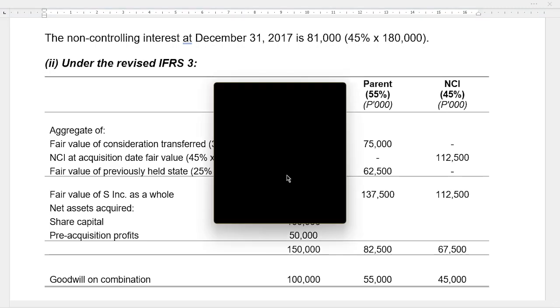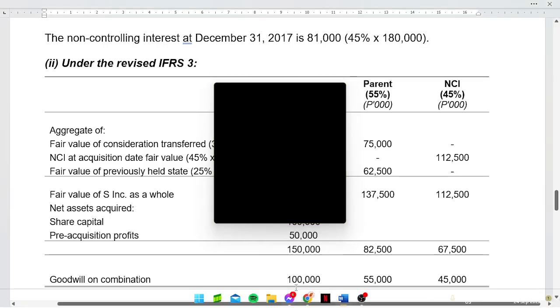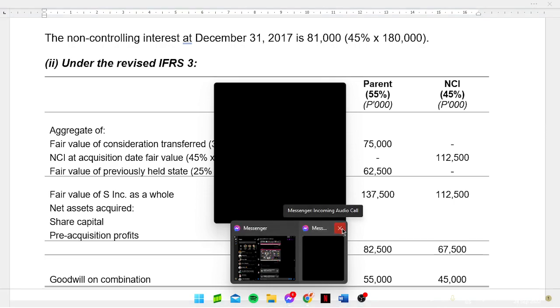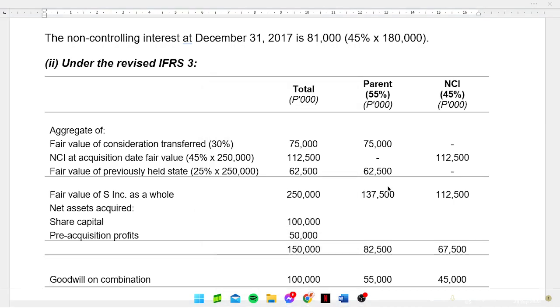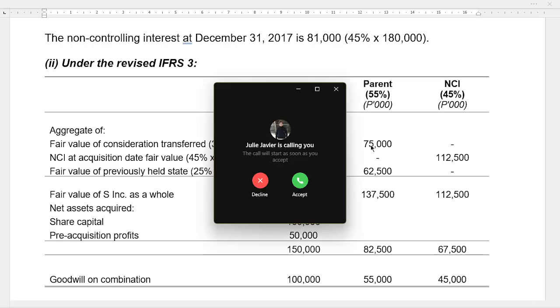Yung 25% ay yung na-acquire ni acquirer from the year 2015 and 2016, which is 10% and 15% respectively.